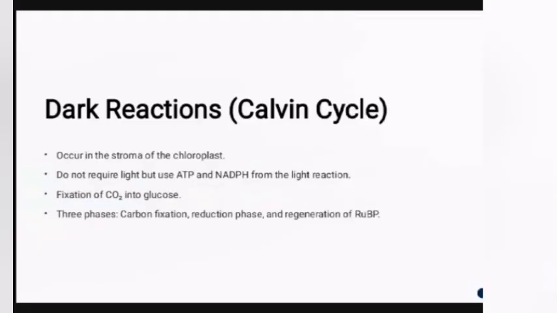Now, in that reaction, the plant utilizes energy produced in the light reaction to form glucose. This occurs in three phases, which will be taught later as you progress, like I said, in your second level. The first phase is carbon fixation.